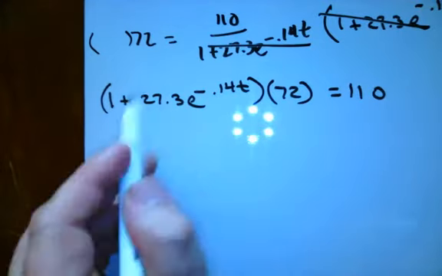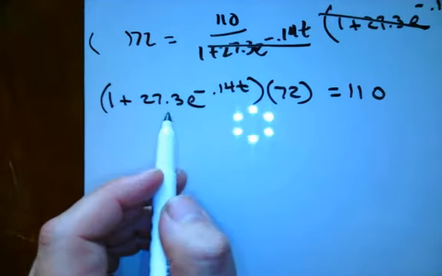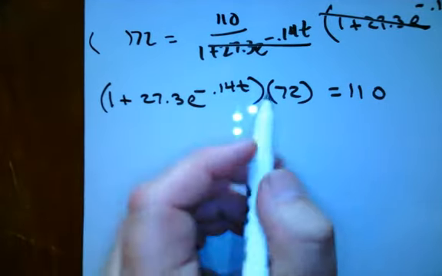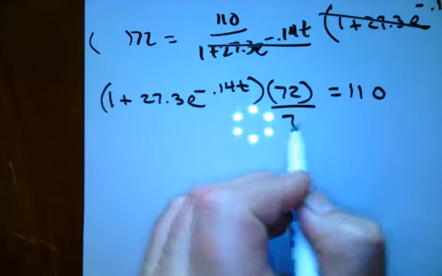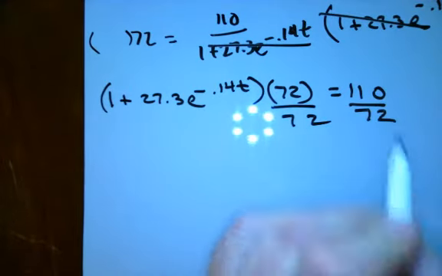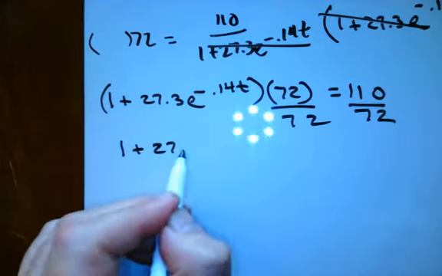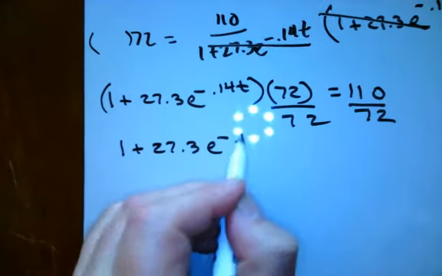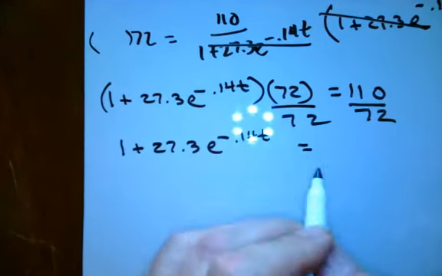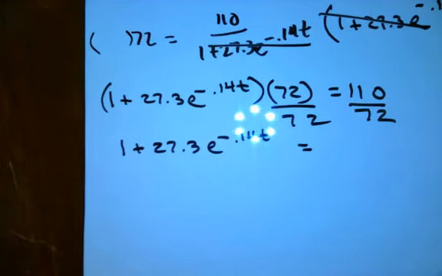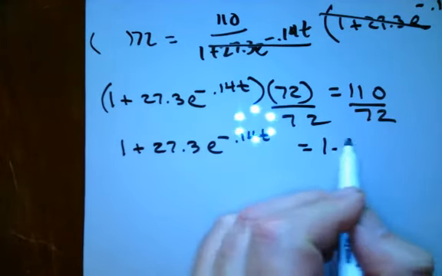So now 1 plus 27.3 e to the negative 0.14 t times 72 equals 110. Now, I'm not going to distribute here. You can, but 72 times this is going to be a big number. And instead, I find my life is made easier if I just divide both sides by 72.